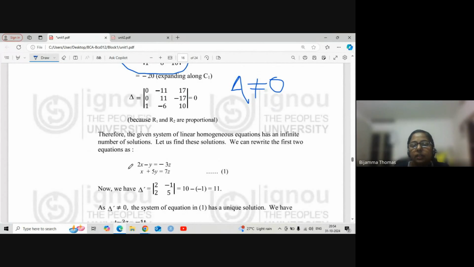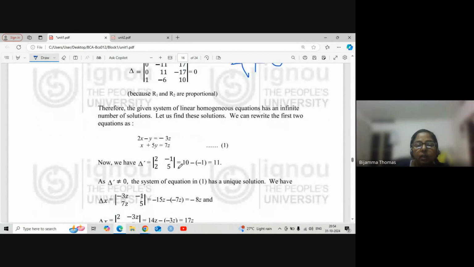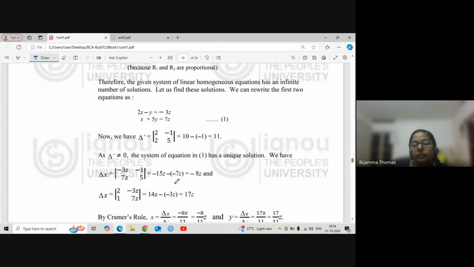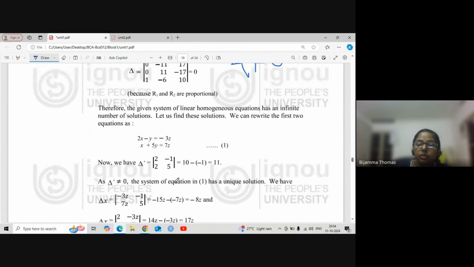On the left side we put only two variables, so only two equations, and the other part goes to the right side. Is it clear? Okay, ma'am. Now we identify the delta value. Using Cramer's rule, we find the values of x and y in terms of z. That is why we say that we have infinite number of solutions.